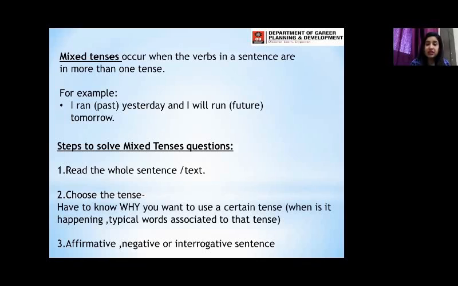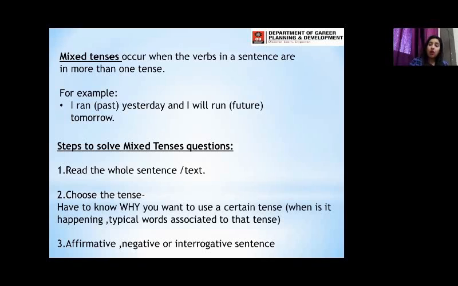The person is saying that I ran yesterday, mentioning something that has happened in the past. And then he is focusing on something he is going to do tomorrow, which signifies future. So mixed tense sentences are those in which, in one sentence, you are going to witness two different tenses.